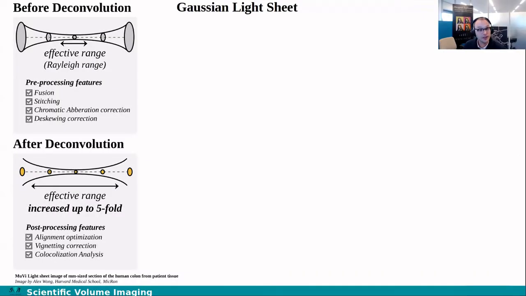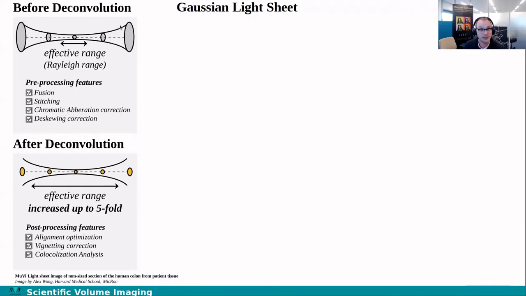To kick things off, let's consider a regular Gaussian type of light sheet. In this case, I am focusing a Gaussian beam, and in the center it is narrow, and that gives me a good Z resolution. But away from the center, the beam gets wider, and that causes the Z resolution to deteriorate.